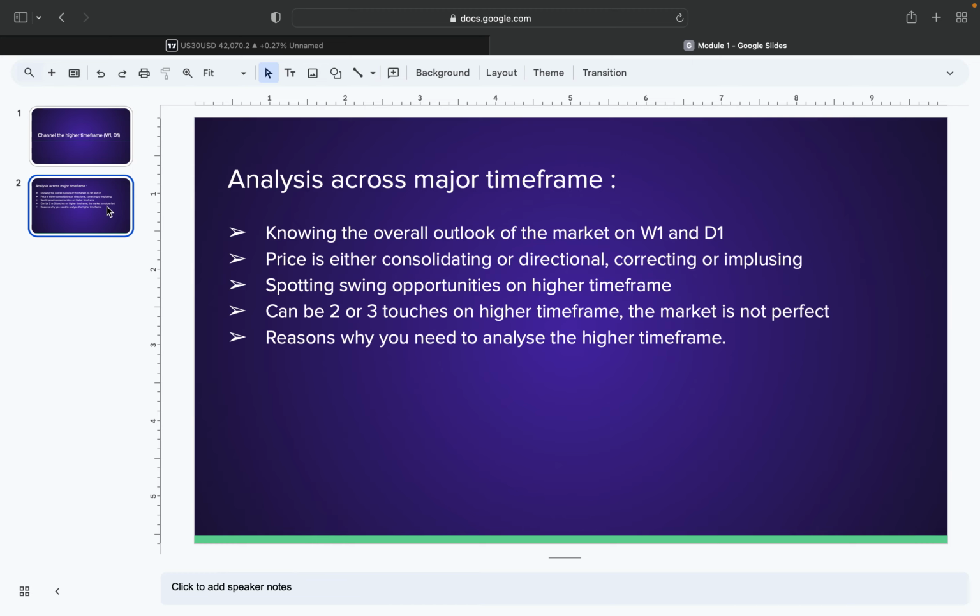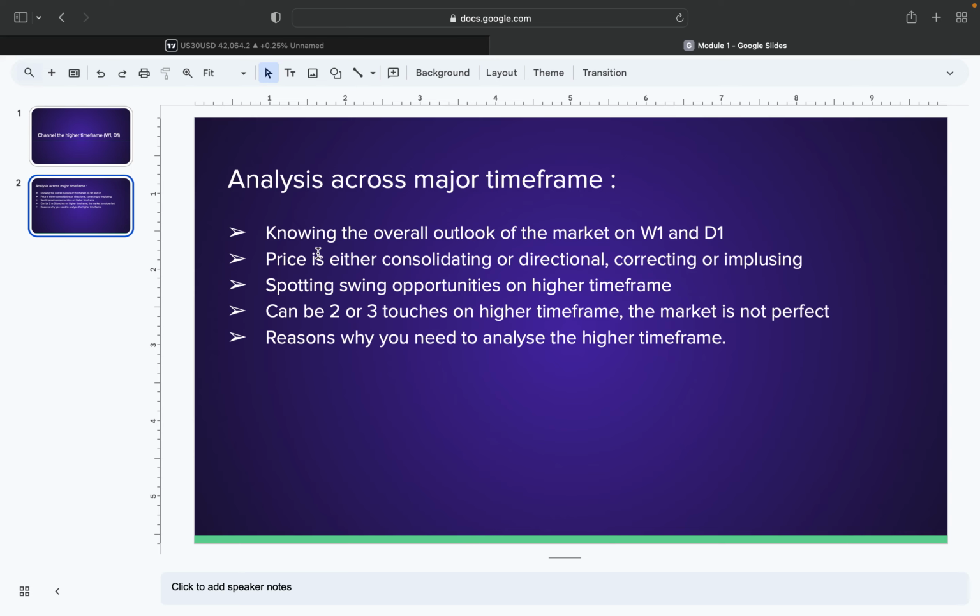That is the major reason why we are channeling the higher time frame, to know the overall outlook. What direction is price going to? What is the current momentum in the market? Who is winning, the bulls or the bears? That's the first reason why we need to do this analysis across the major time frame.